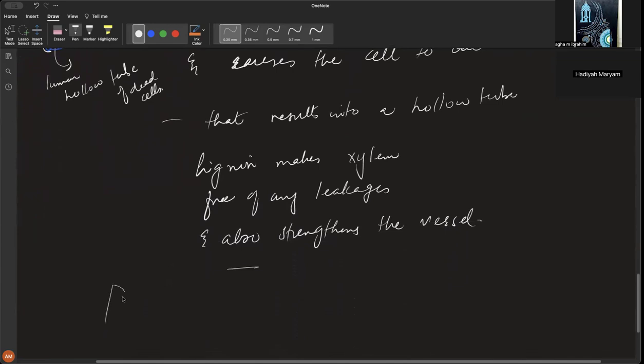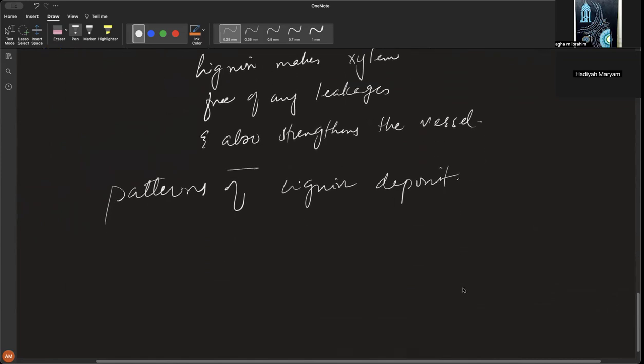So there are patterns of lignin deposit. It could be in ring form. Lignin deposited in rings. Then we have the spiral bands.